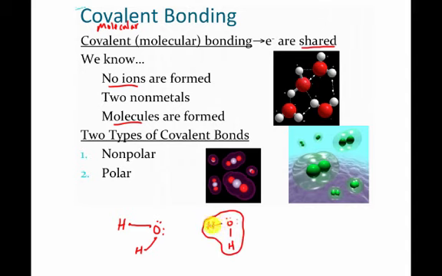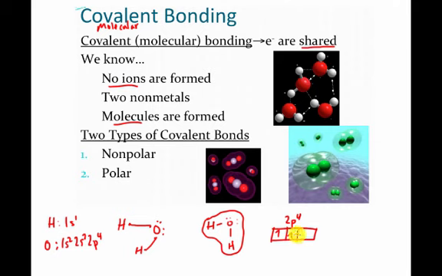Now there's no charge that's holding them together. When we look at hydrogen, it has a 1s orbital. Oxygen has 1s2, 2s2, 2p4. If we look at that 2p4 orbital, it has two empty spots in it.